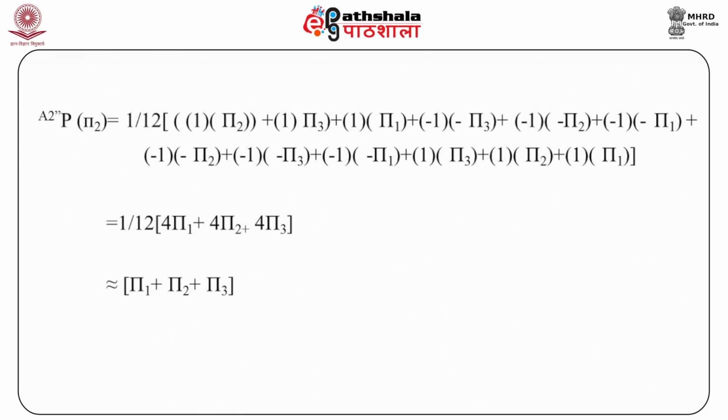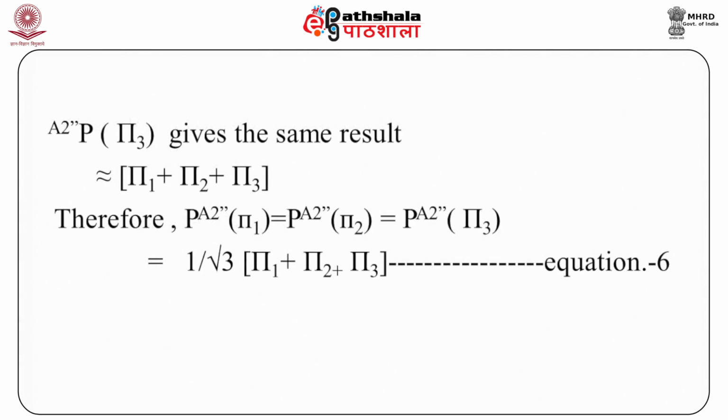Now, let us apply A2 double dash on pi 2 and follow the above procedure as discussed. Again, what will you get? You get the same result, pi 1 plus pi 2 plus pi 3. That is, we will not get a different SALC. Again, apply A2 double dash on pi 3.